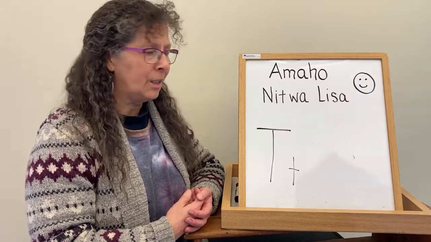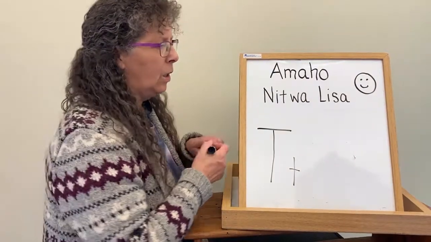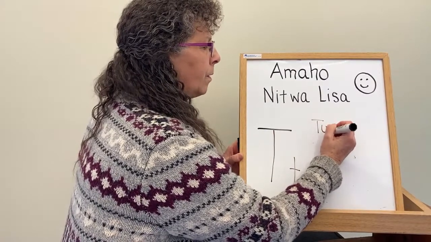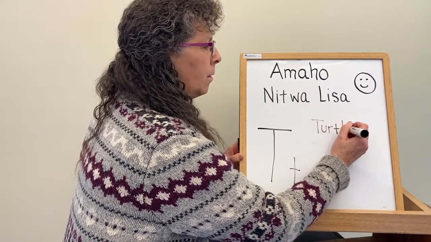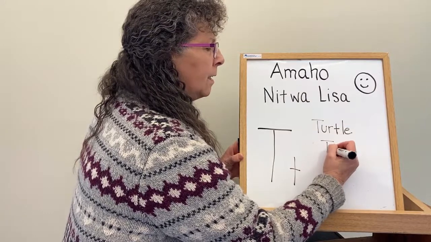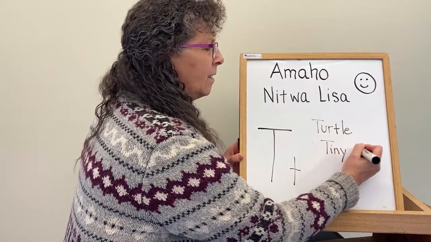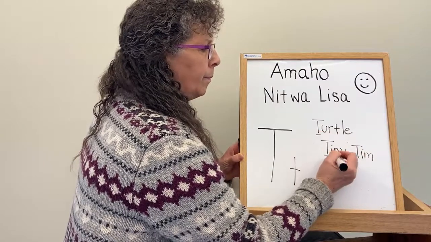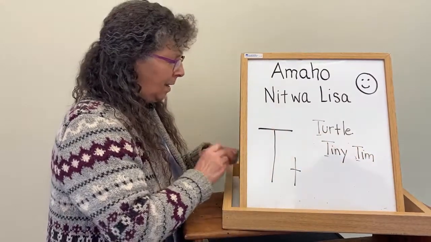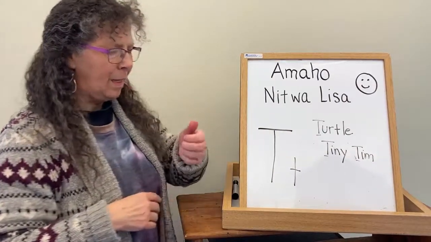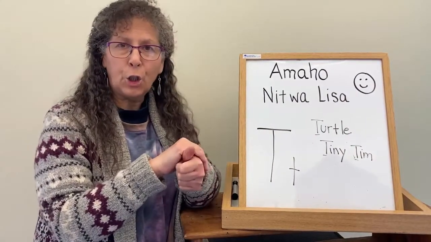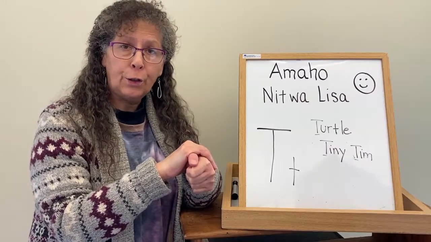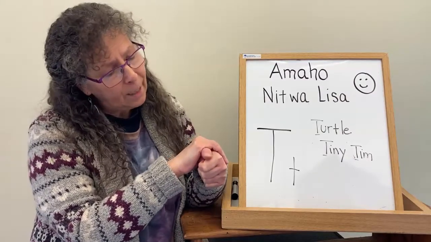In English, I would sing a song about a turtle whose name was Tiny Tim. And it goes like this. I pretend that this is my turtle. I had a little turtle. His name was Tiny Tim.